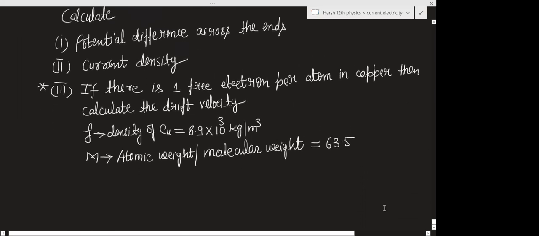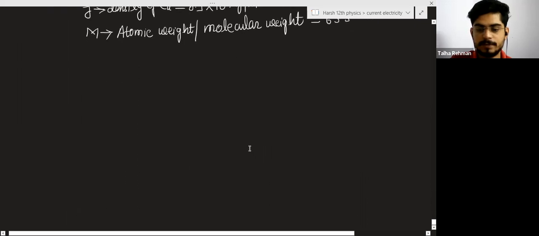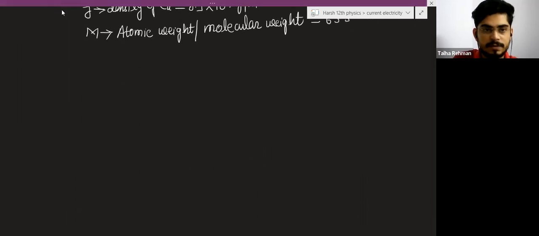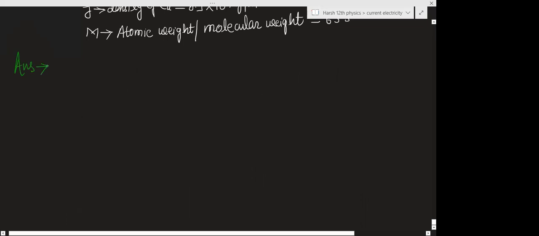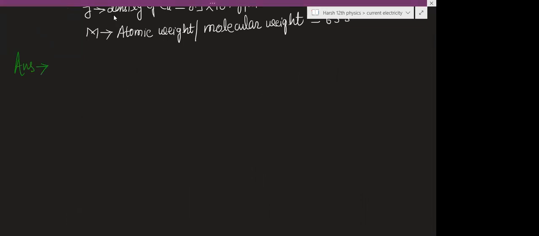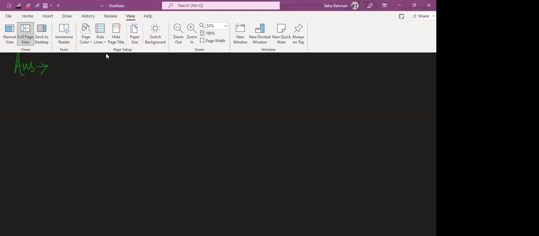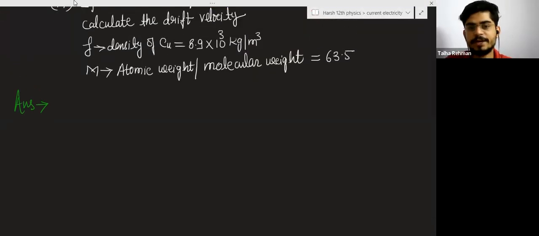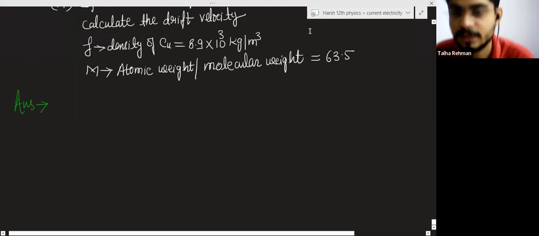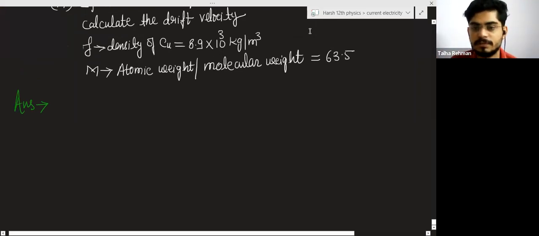Okay, so we have a copper wire. Have you read the question? Yes, sir. Can you show the density? The density is given as 8.9 into 10 to the power 3 kg divided by meter cube. So see here very carefully.